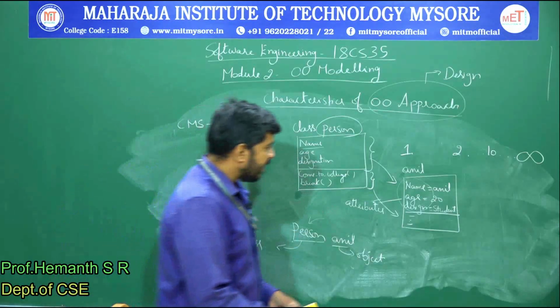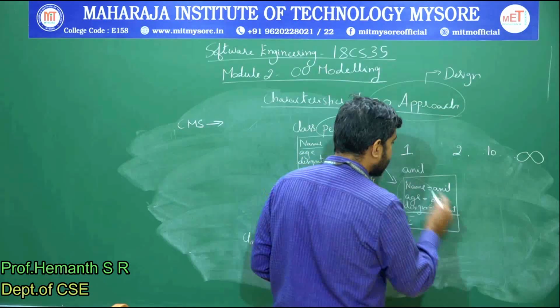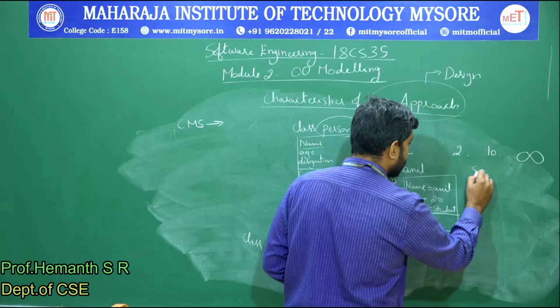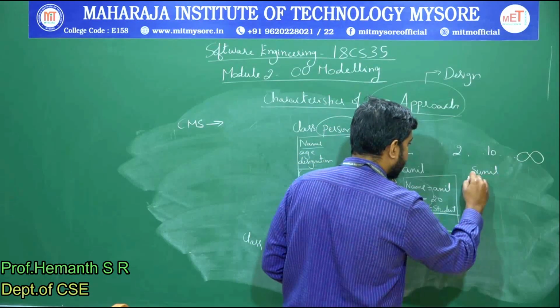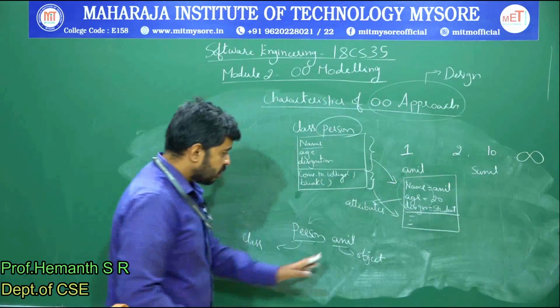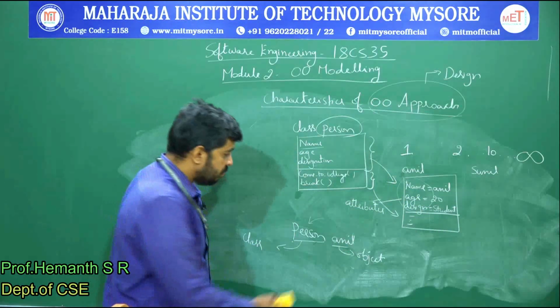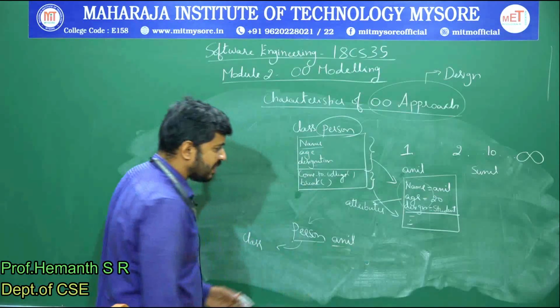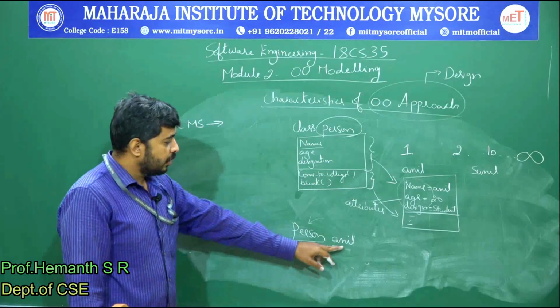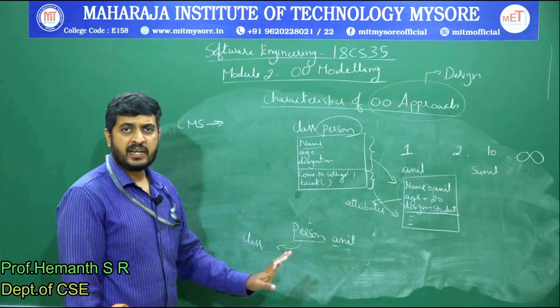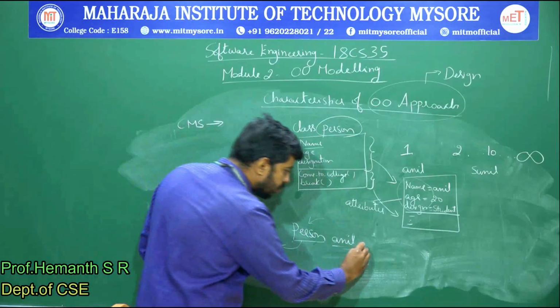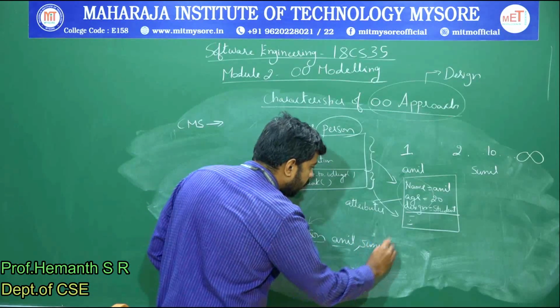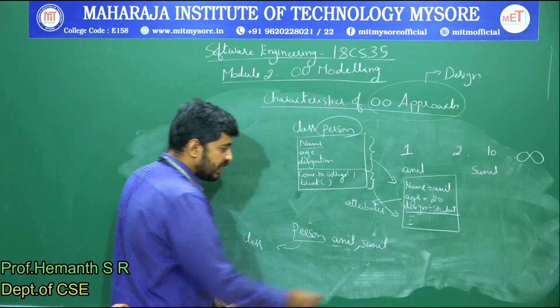So we created Anil. Like that, I will create one more object, for example Sunil. I can place the object here itself. Different programming languages have different formats and syntaxes, so I'll write it in a general form. So Anil, comma Sunil. Now the second object is created.